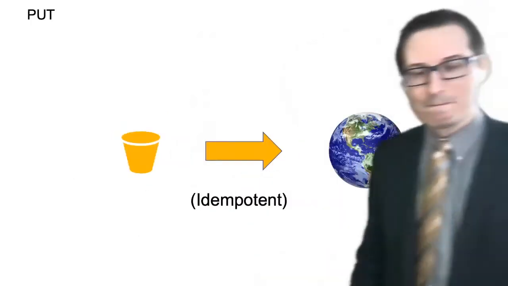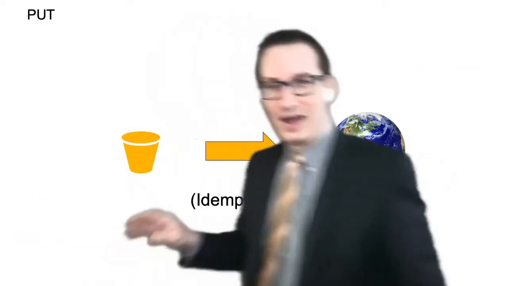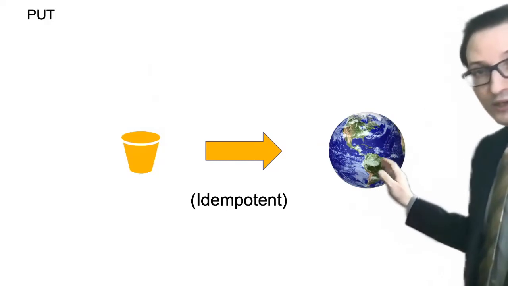Second, put. Put is for updating an object. If you already created an object before and you want to update it, then you just say put and then the URI of the object, and then also, of course, the new content, the sequence of bits of the new object, and then you ship it over to AWS, and it will automatically update the object and acknowledge that this is done.